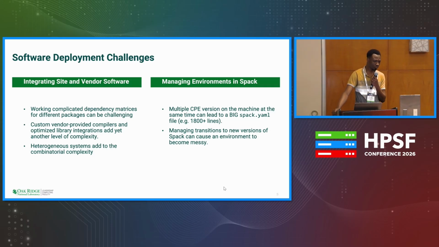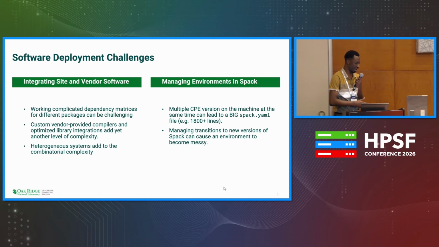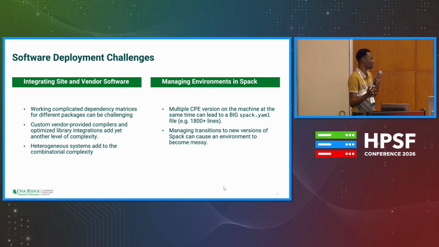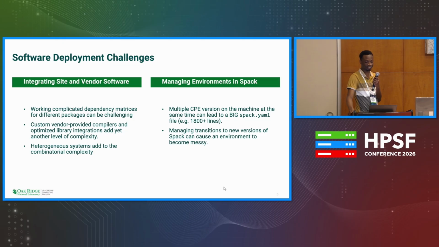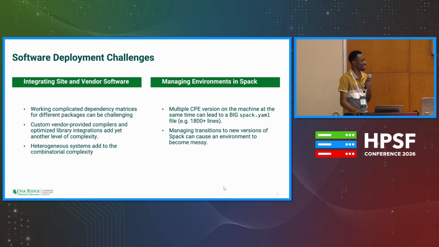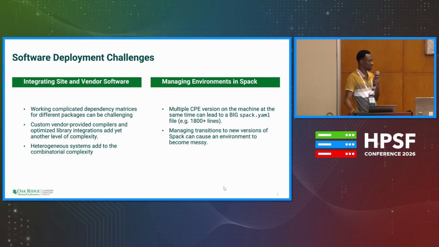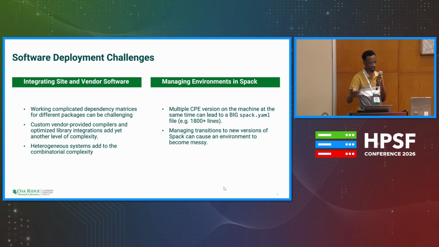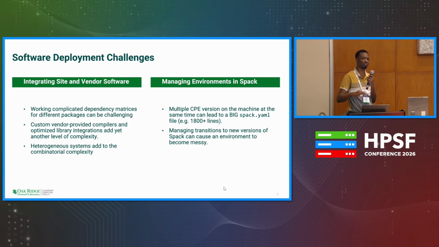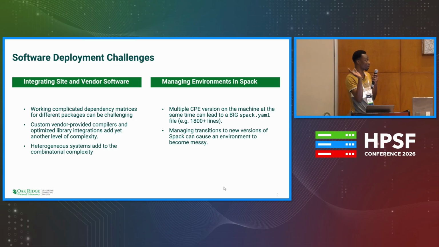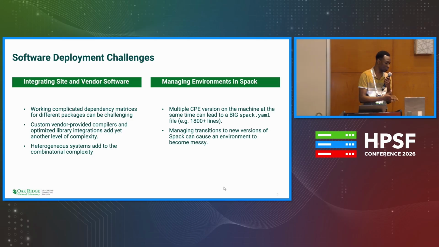And when you have vendor-provided packages and compilers and optimized libraries that you have to integrate with packages from your site, and you have heterogeneous systems, those all add to the level of complexity of building software.